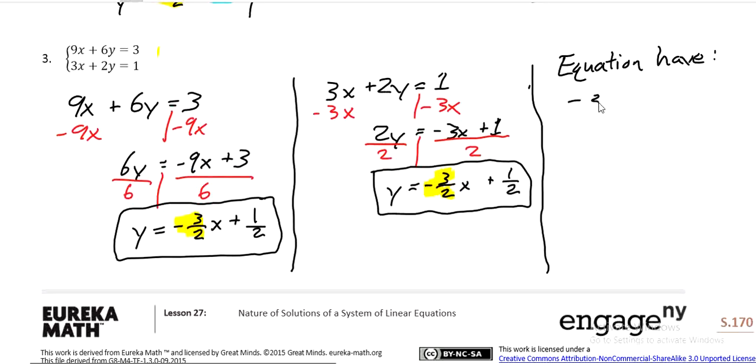So they have the same slope, and they have the same y-intercept.